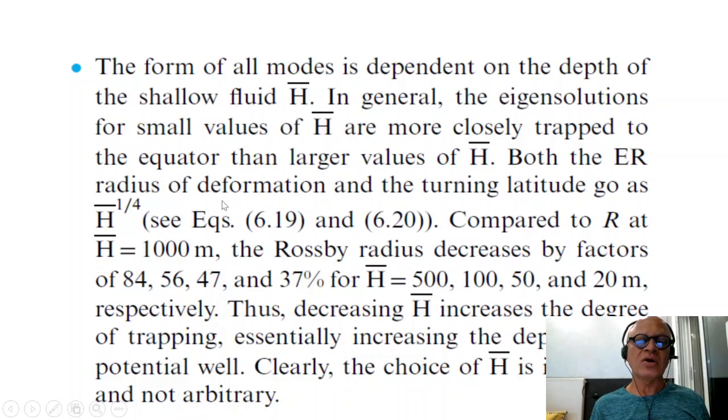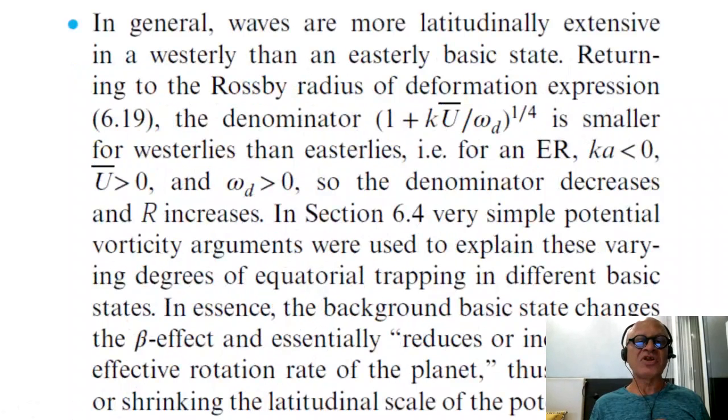Both the equatorial Rossby radius of deformation and the turning latitude go as h bar to the 1/4. So obviously choosing the appropriate h bar becomes very critical. In general, waves are more latitudinally extensive in a westerly basic state than in an easterly basic state.